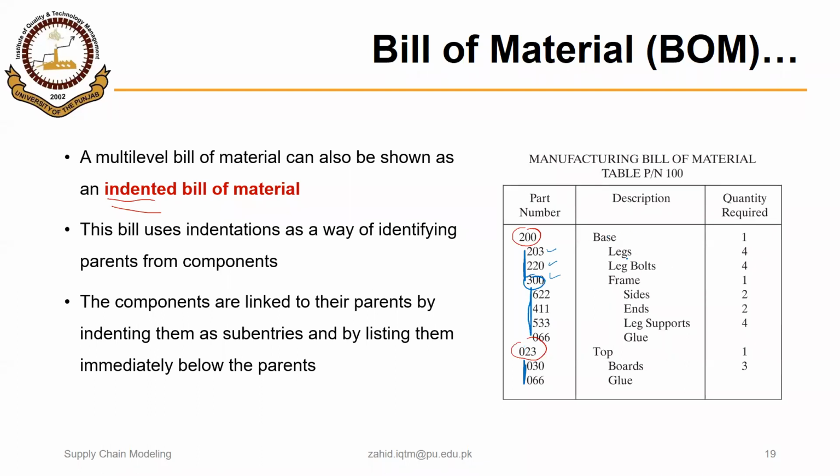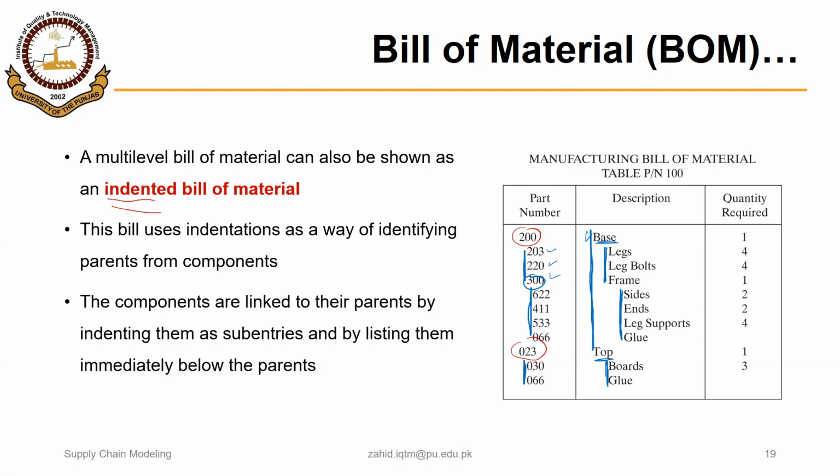That is more clear from this description: these three are written at the same level of indent, so these are the sub-assemblies for the base. These four are written under the frame and have the same level of indent, so they are the components for the frame. Similarly, these two are the components for the top. And this base and top have the same indent. So in summary, the base and top are required at the same level.